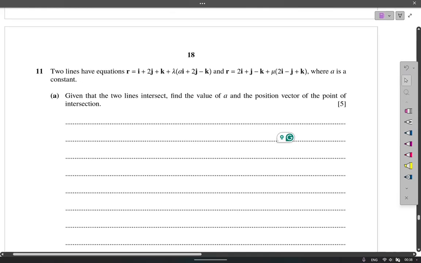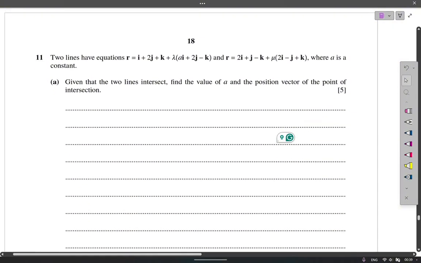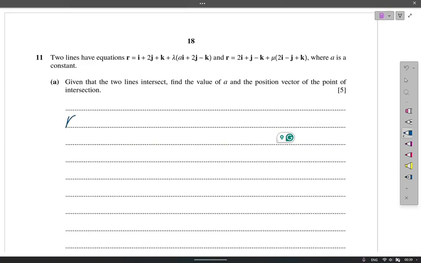So here's question number 11. Two equations have two lines of equations shown as one, where a is just a constant. Given that two lines intersect, find the value of a and the position vector of the intersection. So here I'm gonna write out the line equation in a very simple form.